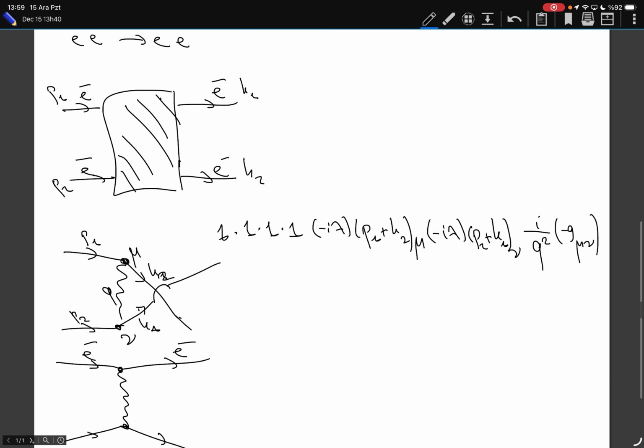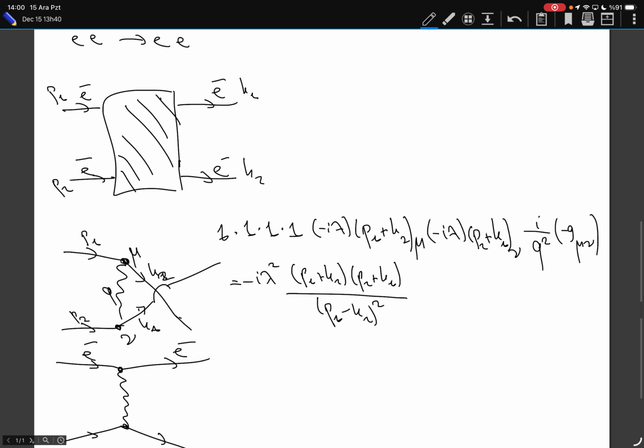And so this diagram is minus lambda squared times (P1 plus K2) times (P2 plus K1) divided by Q squared, where Q is, by the way, P1 minus K2, squared. There's an i. This is the corresponding contribution to my matrix element from this diagram.